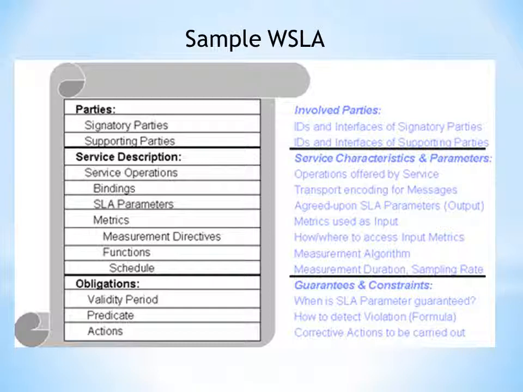How do you detect violations? What is the formula for detecting violations? That's spelled out. And finally, any actions that are spelled out in the contract in case the service level agreement is violated, or one party is not exactly living up to their part of the bargain. This would actually spell out what corrective actions will be carried out.